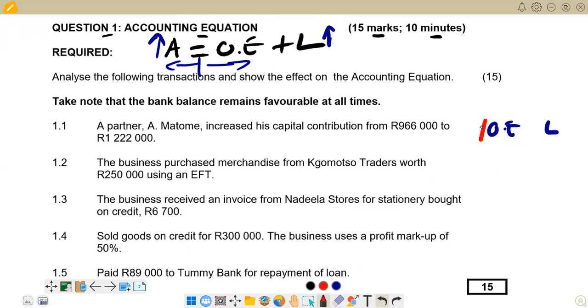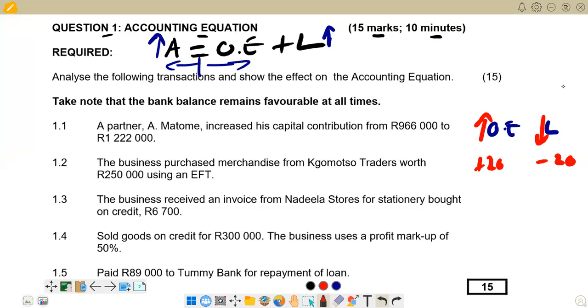If we have an increase in owners' equity, we have a decrease in liabilities, so the total does not change. If we have a plus 20 here, we should see a minus 20 on liabilities. 20 minus 20 is 0, so no effect on the balance.